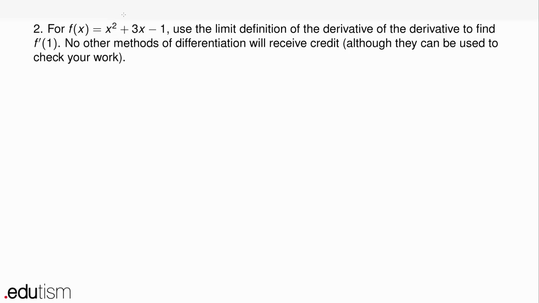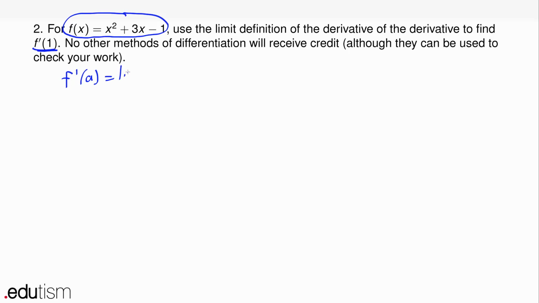For question 2 here, we have the function f of x equals x squared plus 3x minus 1. And we want to use the limit definition of the derivative to find f prime of 1, the derivative at 1. Since we're trying to find f prime at a point, we're going to use this limit definition of the derivative.